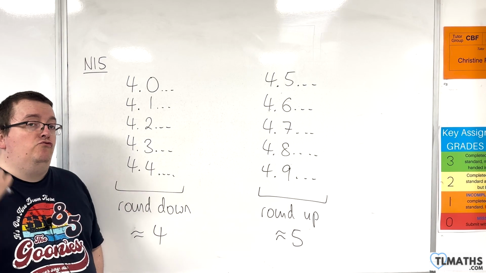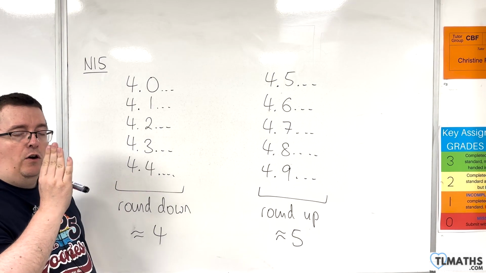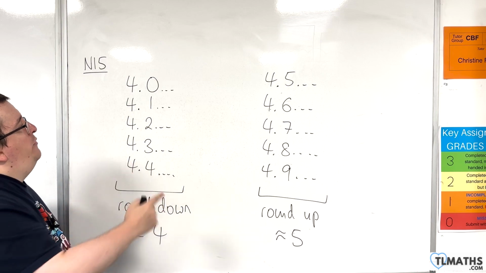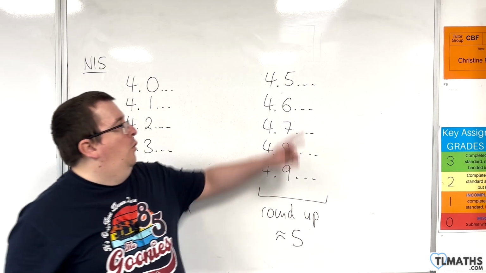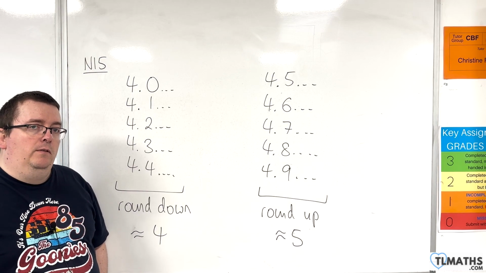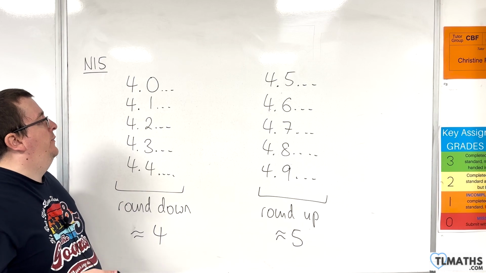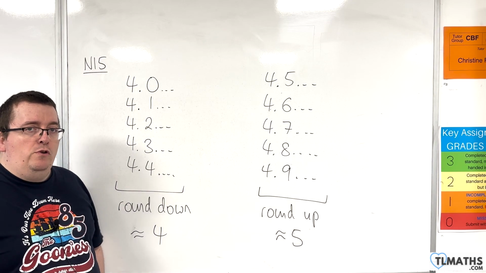Okay, so that's the rule. And this rule of looking at the next point along and checking to see whether it's 0 to 4 or 5 to 9 is how we do all of these rounding problems. Okay, so I'll keep coming back to this as we go through this section.